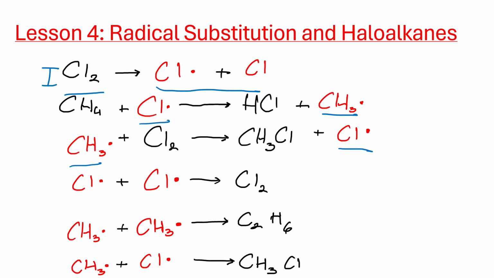So these 2 are propagation steps. Now, for a termination step, you have two radicals at the start and no radicals at the end. So all these three are termination steps.